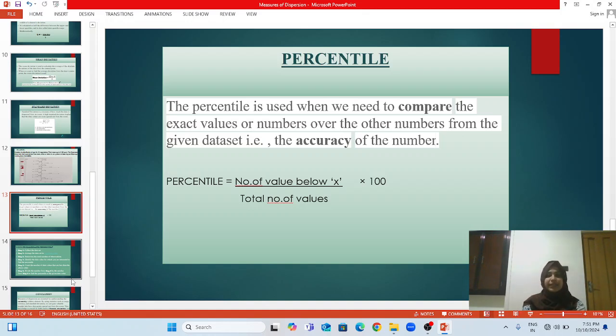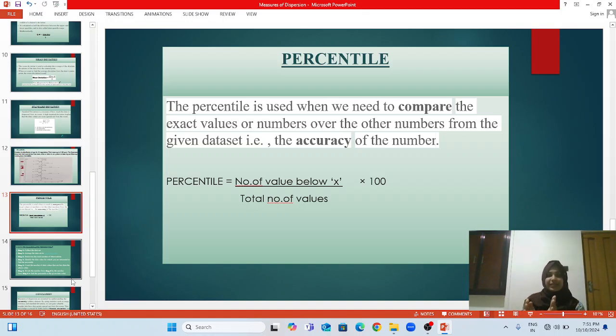We use percentile. We are fixing a particular value and we are comparing how the values above that particular value and below that particular value are spread. In the quartile deviation, we divided the entire data set into four quadrants. Here we are dividing the entire data set into 100 quadrants.